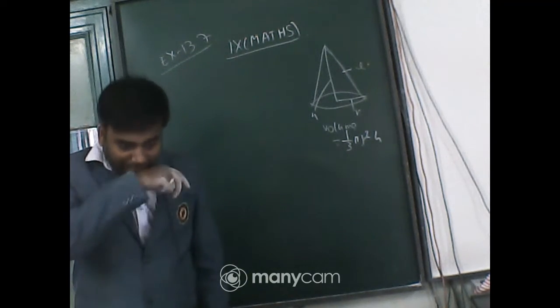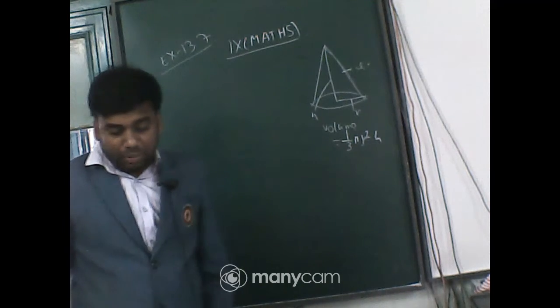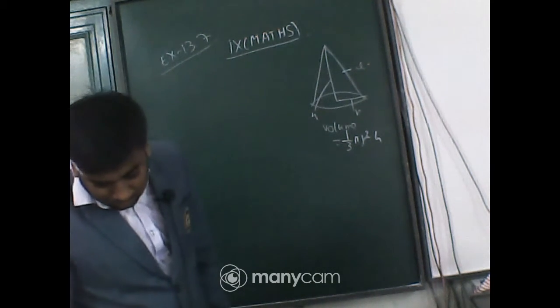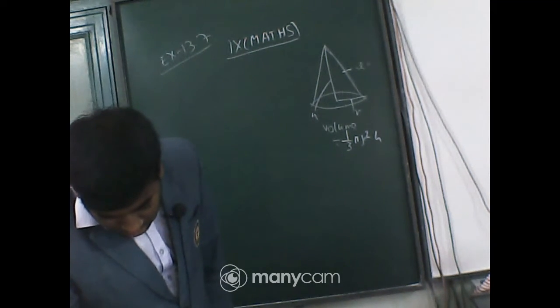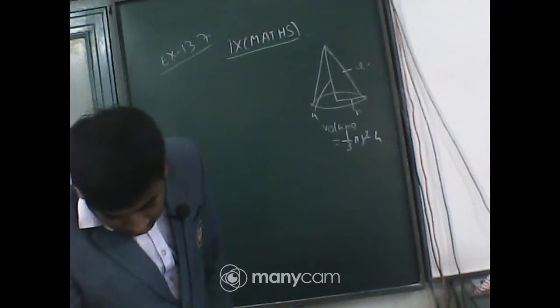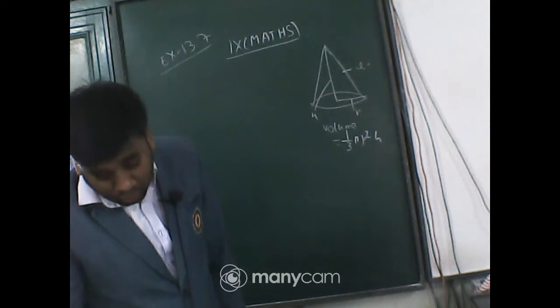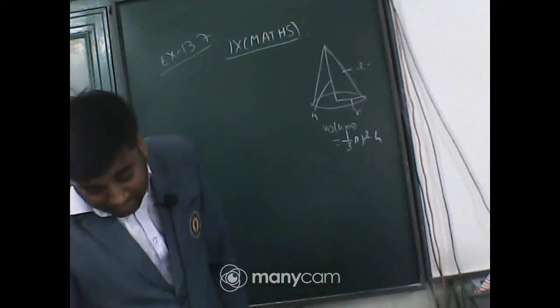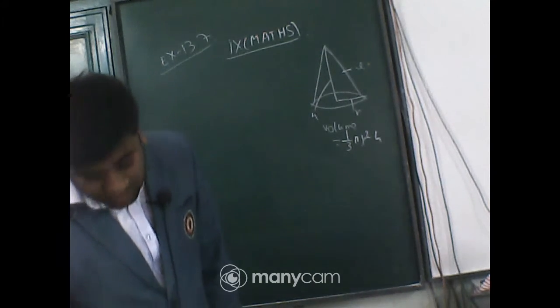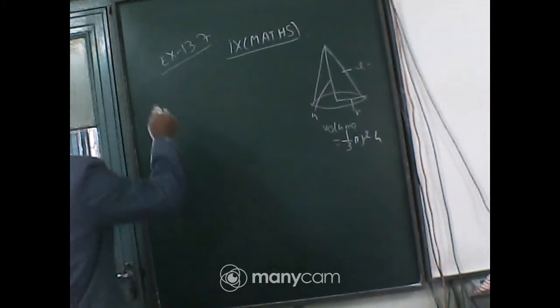Okay. So we are entering the chapter, exercise 13.7. Find the volume of right circular cone. Question number 1 has two parts.